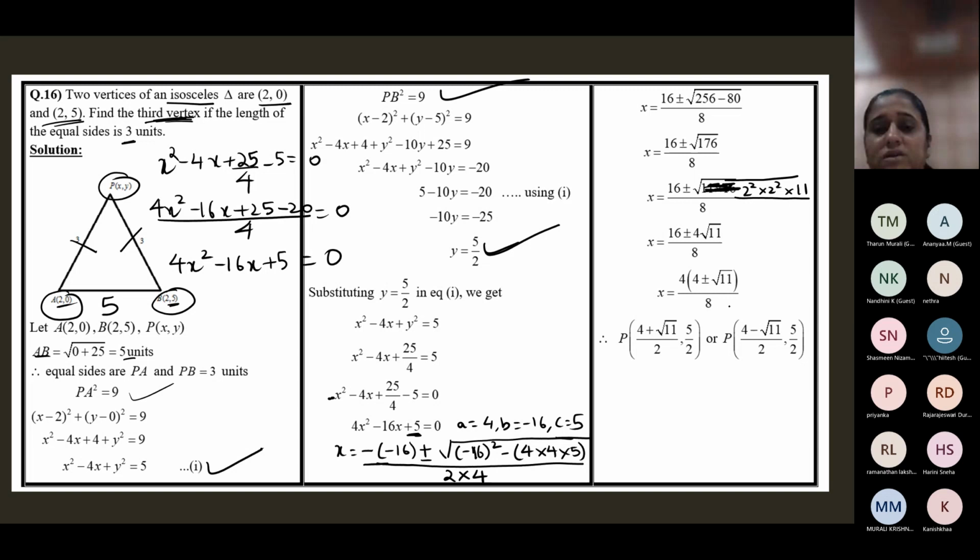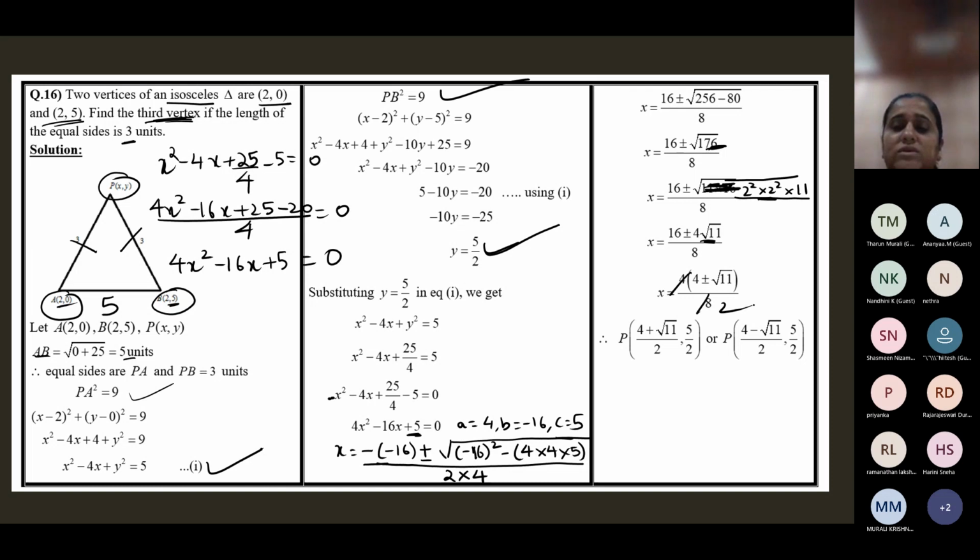In order to find the two values of x, you use the quadratic formula, and using which you get two values for x. After this, children, 176 should be expressed as a mixed surd. So here, like this, 4 root 11. Whenever there is something common, bring out the common factor. So 4 is common, bring it out. So you get 4 plus or minus root 11 by 8.